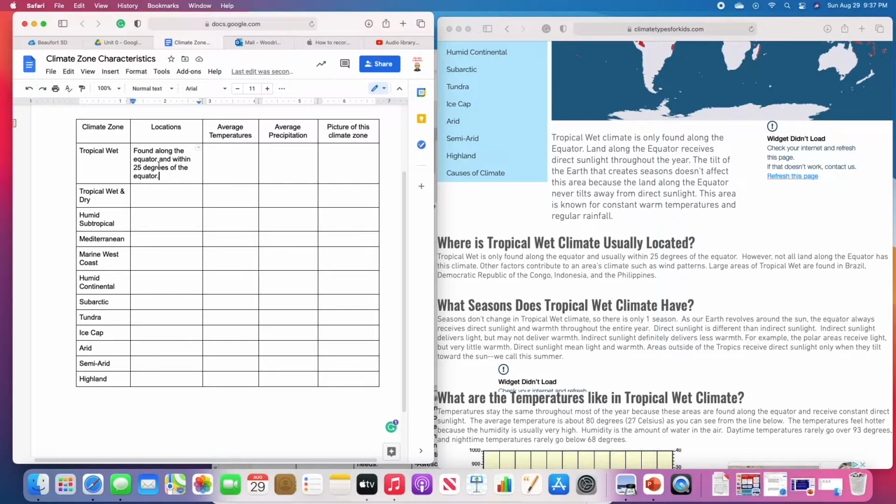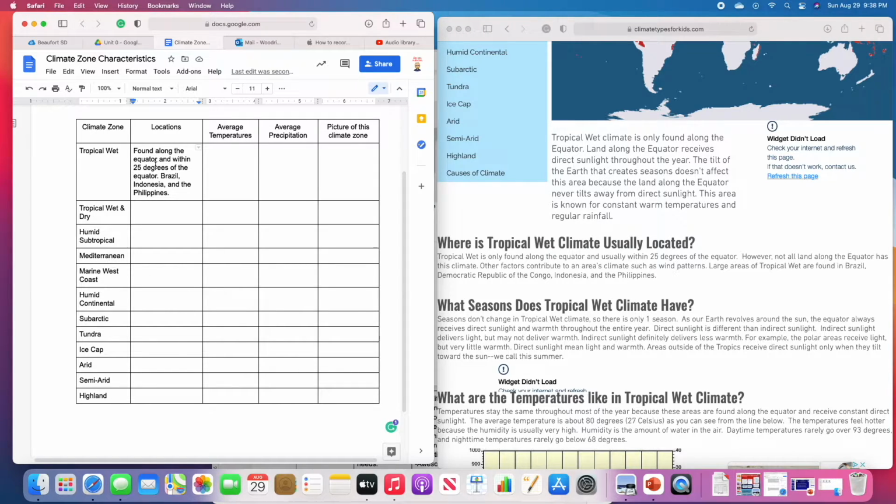We've put the information about the locations for tropical wet found along the equator and within 25 degrees of the equator. So for location, what I put in is found along the equator and within 25 degrees of the equator. I also put in the countries of Brazil, Indonesia, and the Philippines. I think that's enough for our example.